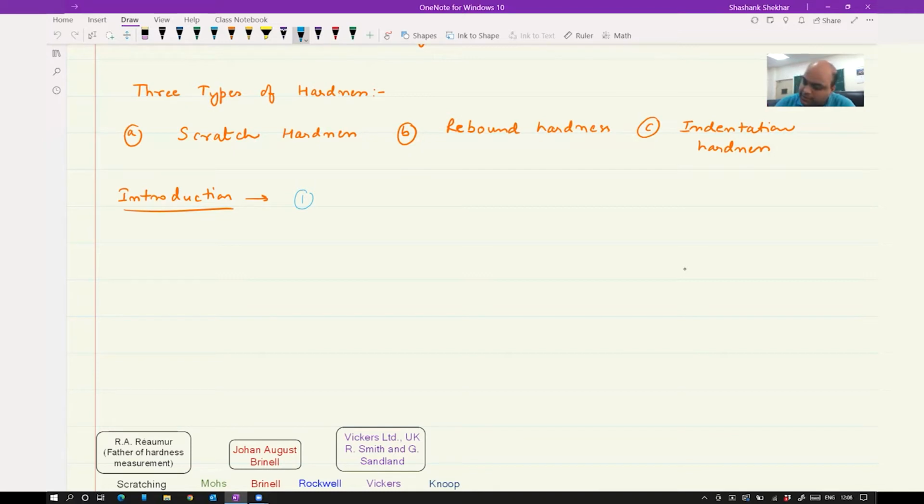The first is that it is simple and relatively inexpensive. It's a relative term.